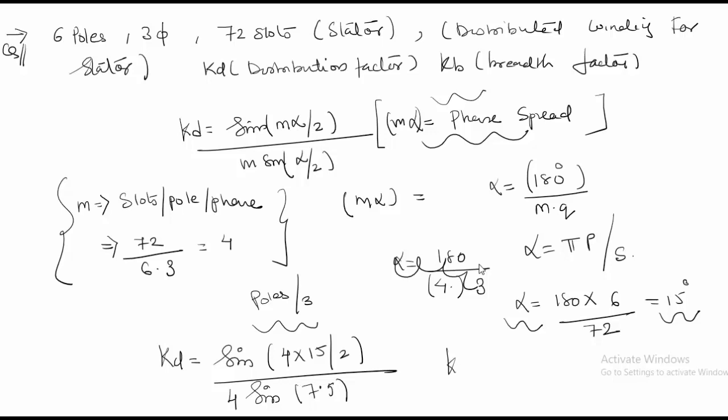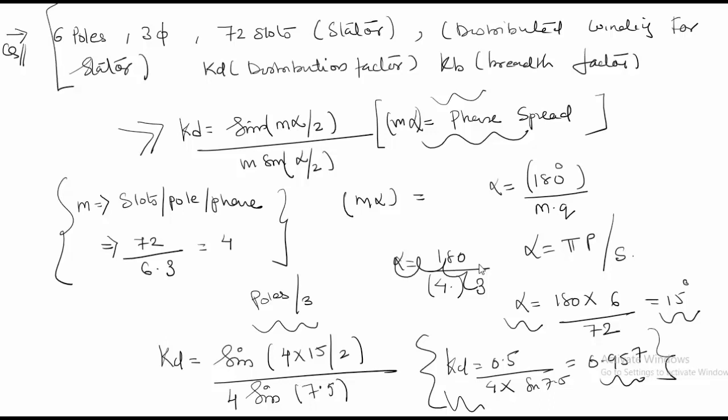So KD is equal to 0.5 divided by 4 into sine of 7.5, which gives my KD equal to 0.957. So this is my distribution factor, and this is how to calculate it if it is given in a specific problem with the details which I have mentioned.